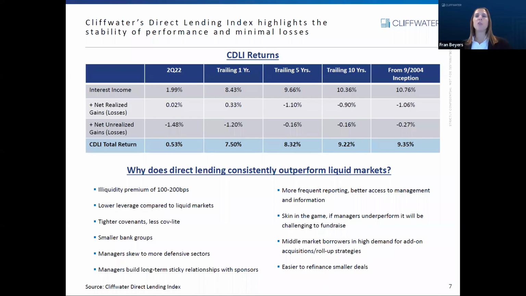And so over time, you tend to find that the space is becoming more and more high quality. There is more accountability versus what's going on in the broadly syndicated market where investment banks are just underwriting deals and they're not holding any of the paper. So these are all the factors that I like to highlight as to why this asset class has become so attractive in the last 5 to 10 years.